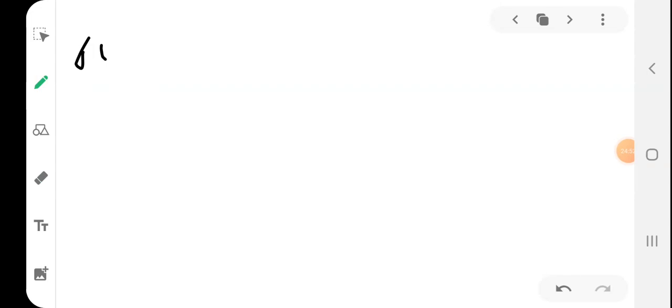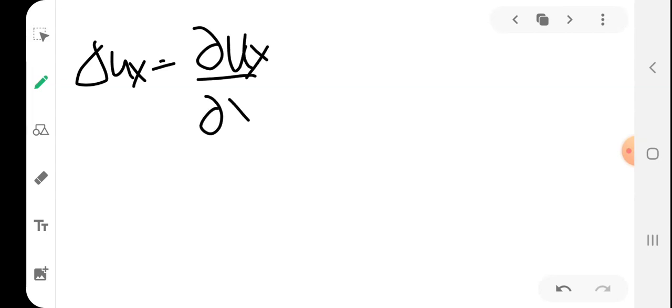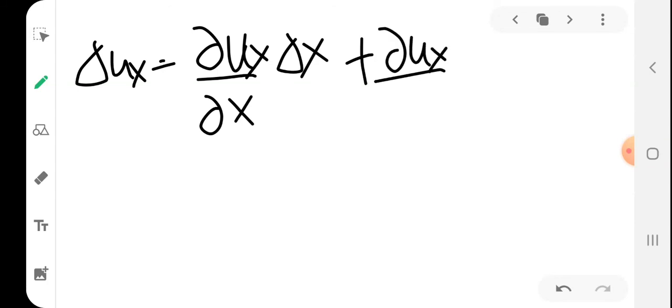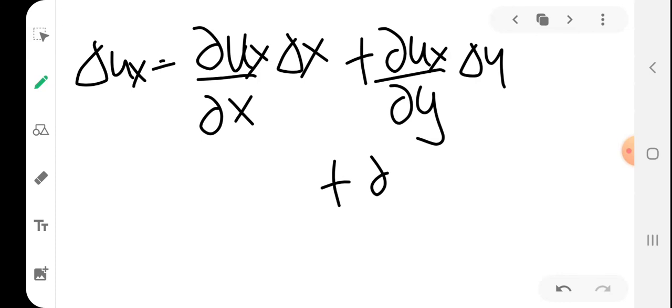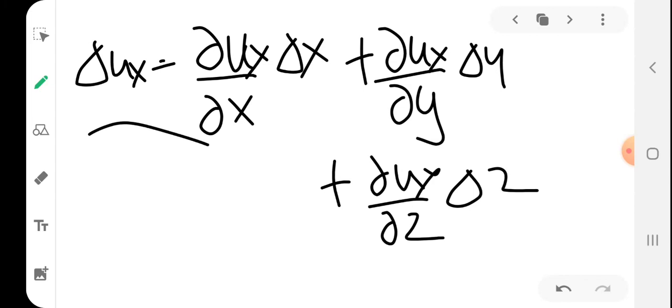Delta ux can be written as dou ux by dou x into delta x. But since this is a 3-dimensional problem, you have to write it as dou ux by dou x delta x plus dou ux by dou y into delta y plus dou ux by dou z into delta z.